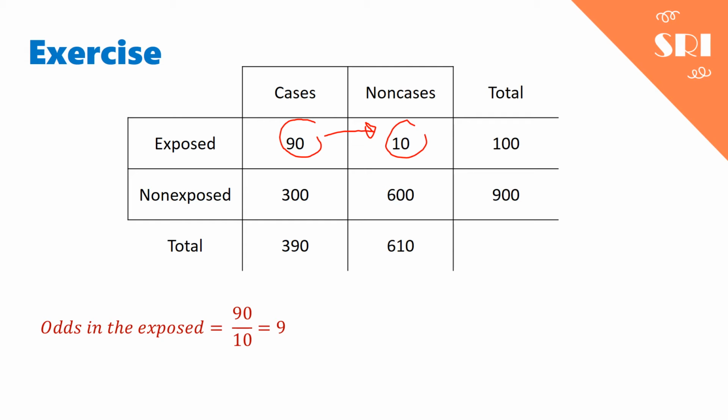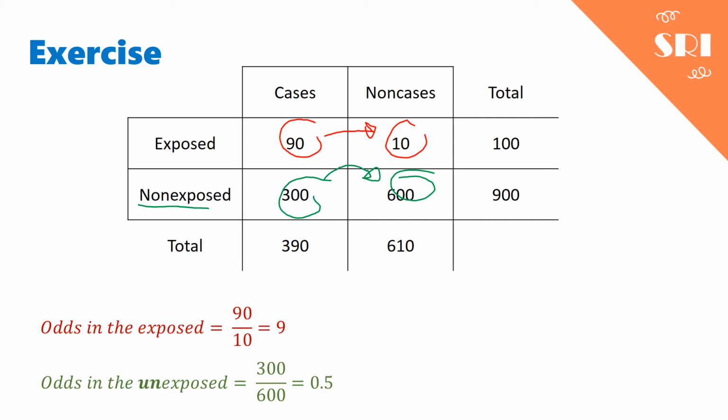If you want to measure that in the non-exposed population, we do the same. We just divide the 300 by 600, divide the number of cases by the number of non-cases, and that will come up here as 0.5. Okay, what if we want to calculate the odds ratio? The odds ratio is the odds in the exposed divided by the odds in the unexposed, am I right?